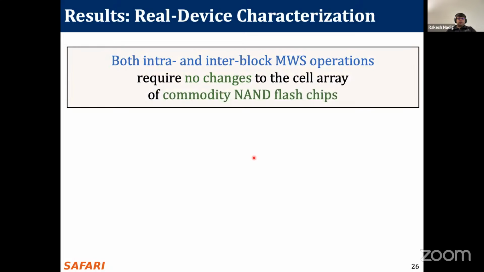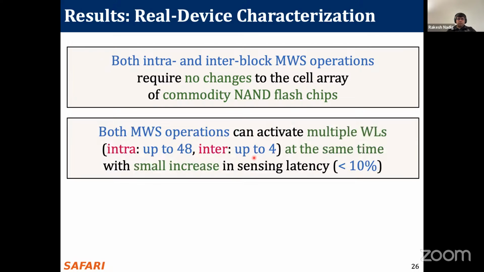I'll just give a brief overview of the results of the real device characterization, and I would refer you to the paper for more details. Both intra- and inter-block MWS operations require no changes to the cell array of commodity NAND flash chips.